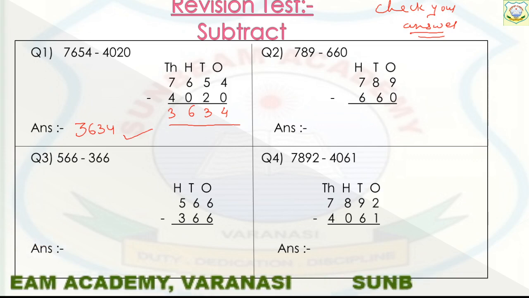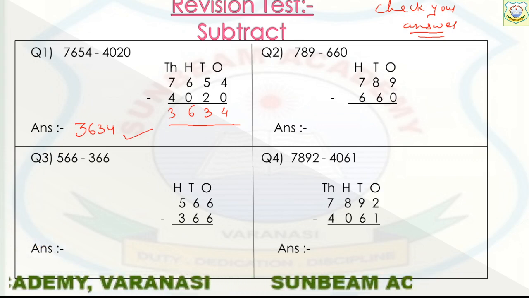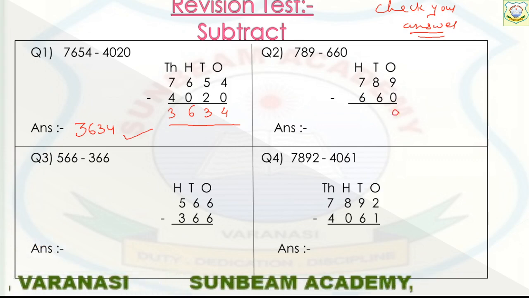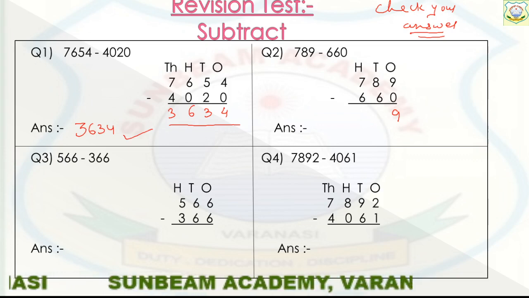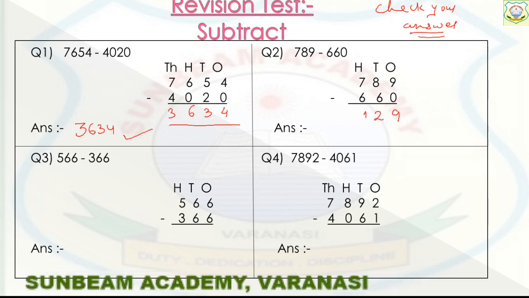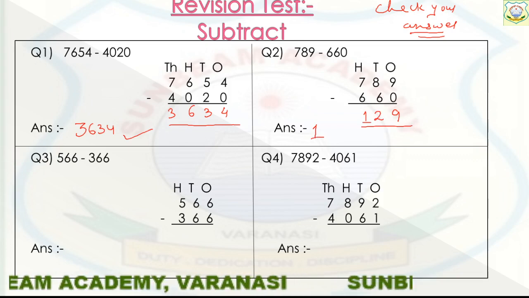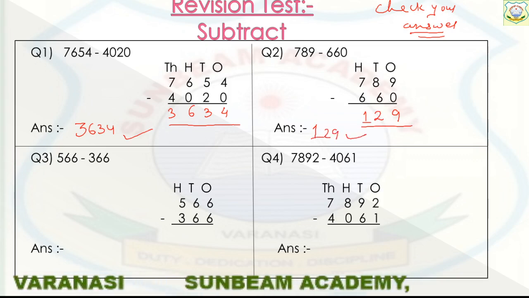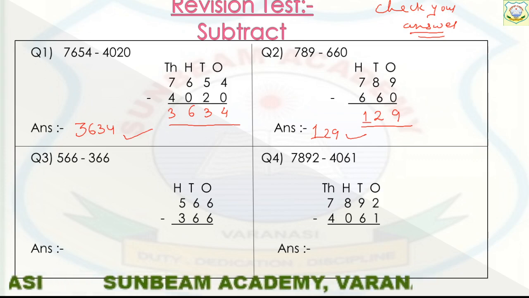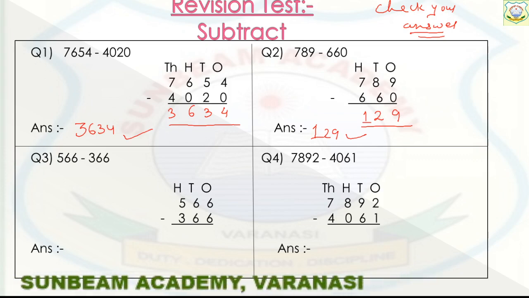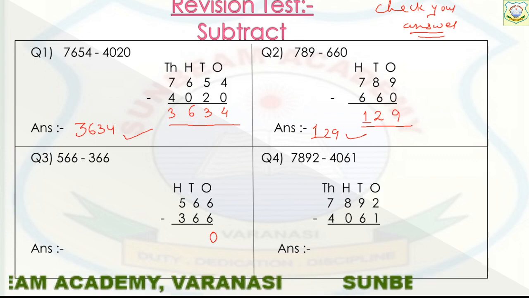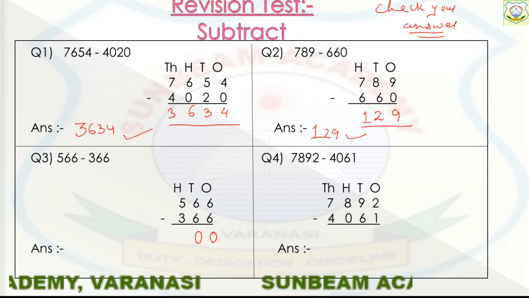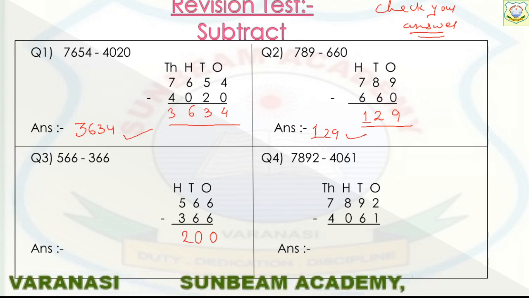It's just a revision. Now second, 9 minus 0 is 9, 8 minus 6 is 2, 7 minus 6 is 1. If you have done this correct, then put a tick mark with pencil. Then third question, 6 minus 6 is 0, 6 minus 6 is 0, 5 minus 3 is 2.